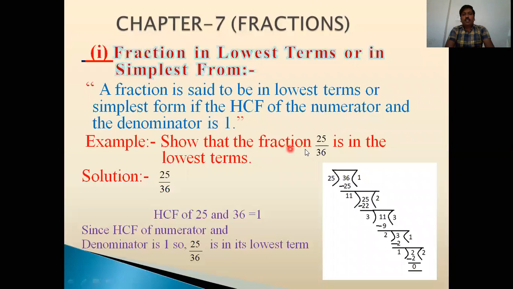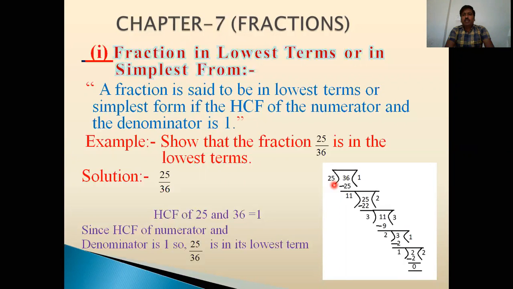Now let us take an example to understand how to check if a fraction is in simplest form or not. Show that the fraction 25 by 36 is in the lowest term. Solution: according to this statement, first we shall find the HCF of 25 and 36. There are many methods to find the HCF, but here I have used the division method.